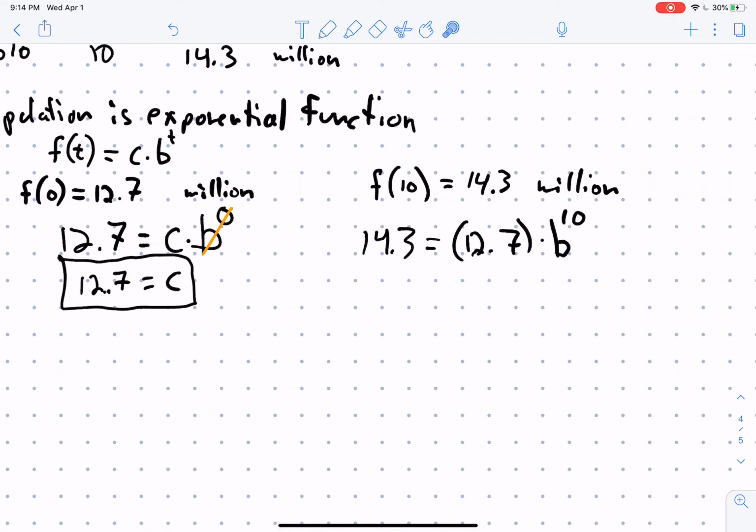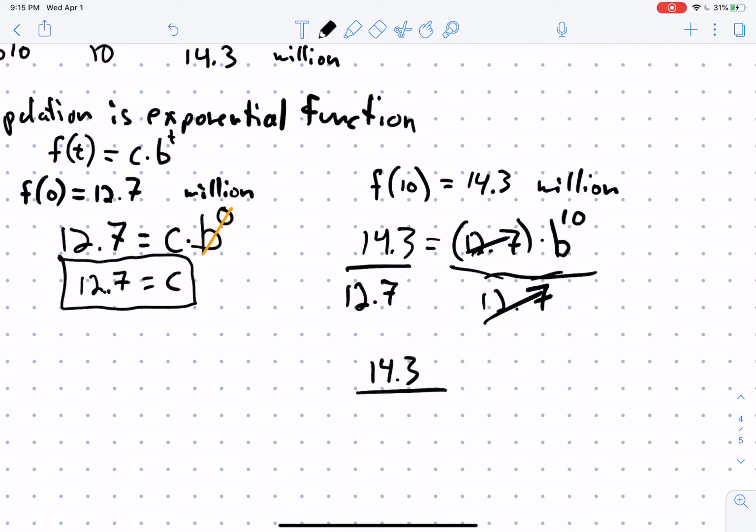So first, we're trying to get the b by itself. We have a number in front of that b to the 10 power, and we're just going to get rid of that by dividing both sides by it. So we divide by 12.7 on both sides. On the right-hand side, these cancel. I'm going to leave the left-hand side as just 14.3 over 12.7, and that's equal to b to the power 10. Now, the way that we cancel off a 10th power is we take the 10th root of it.